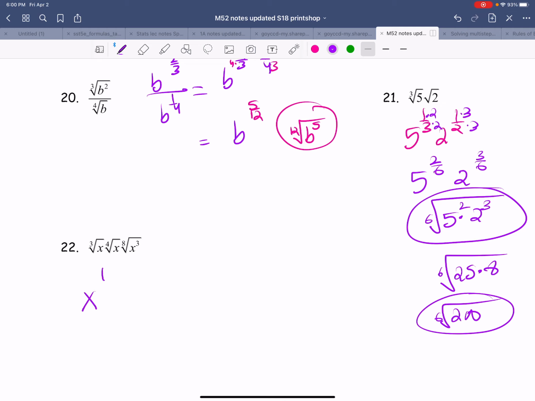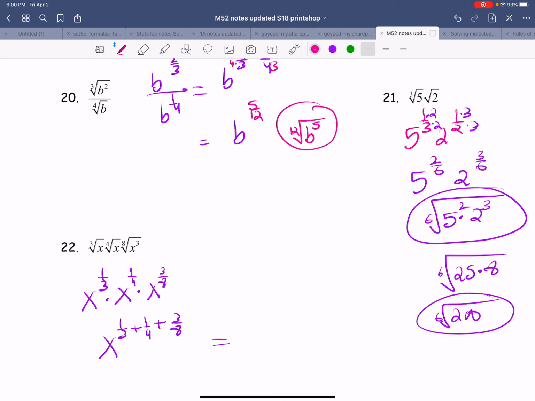Next, last example, x to the power 1/3, x to the power 1/4, x to the power 3/8. Instead of radicals, I wrote the exponents, and now we can add all the exponents because the bases are the same and there's a product in the middle. So my common denominator here would be 8 and 4 and 3. Looks like it would be 24.